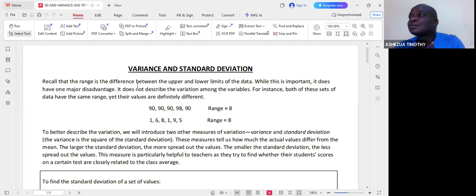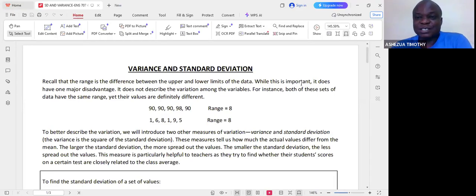That is by my own definition: the difference between the highest score and lowest score in a set of distribution, or the highest value and lowest value in a set of numbers. Recall that range is the difference between the upper and lower limits of the data, which is the same thing we're saying. I don't like this definition. My definition is the difference between the highest value and lowest value in a set of distribution.